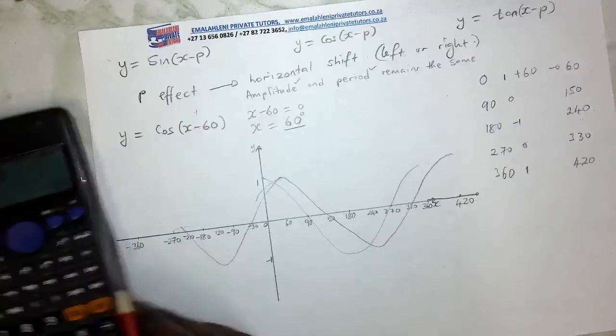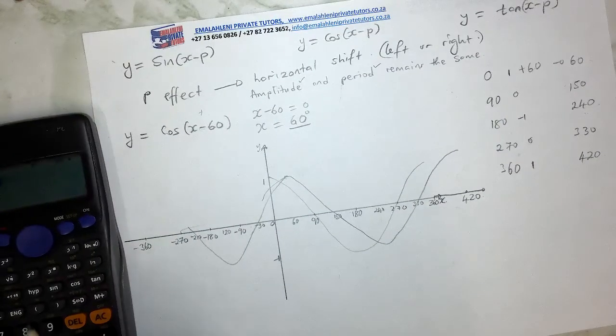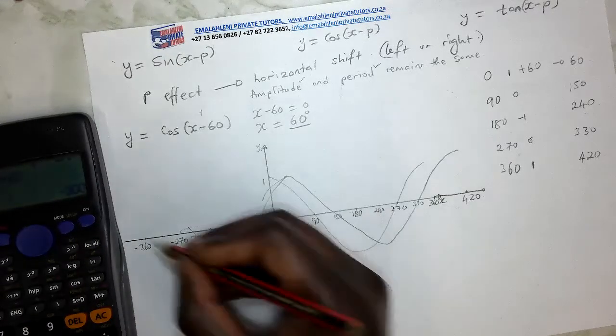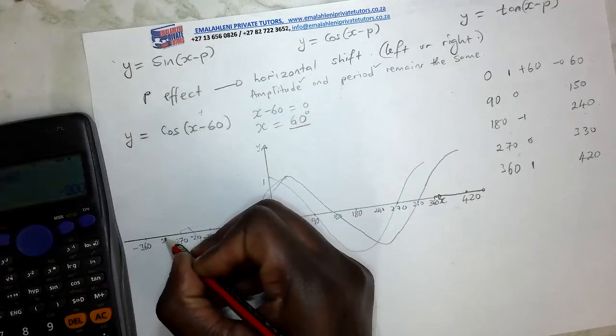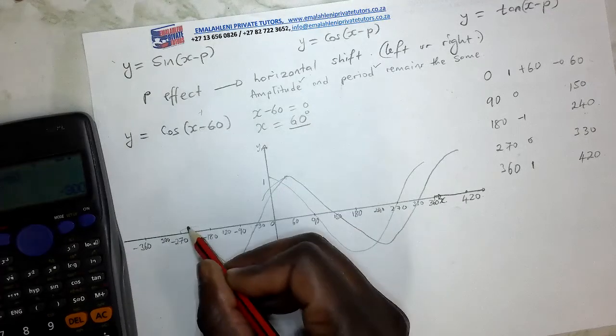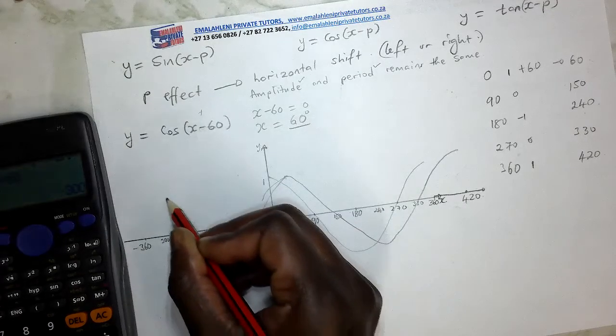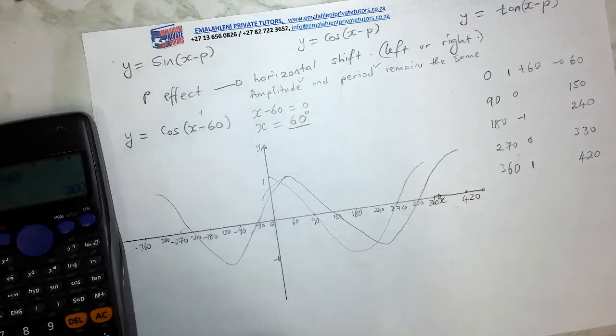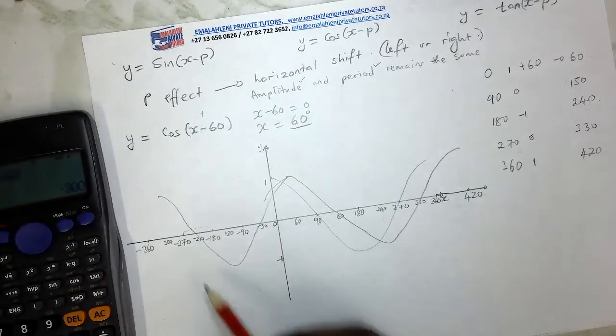Then here, negative 360 plus 60, we get negative 300. So here it's going to end at negative 300. It's going to reach maximum at 300 before 360.